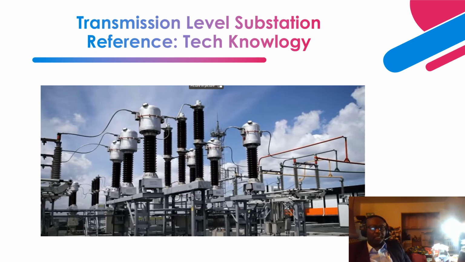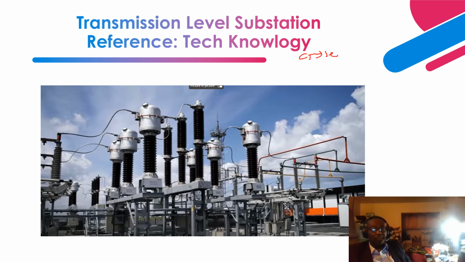So now let's take a look at this picture. The difference between those are the instrument transformers that you'll find at the transmission level substation. The difference between those instruments is that a CT is connected in series.